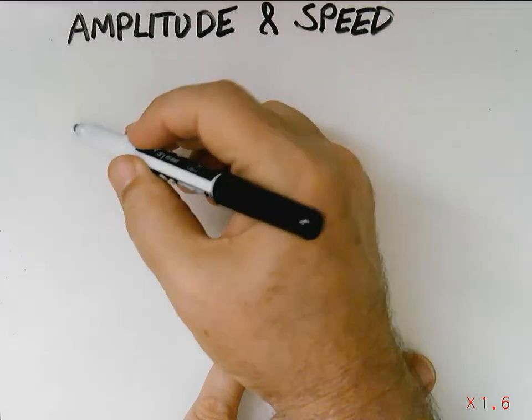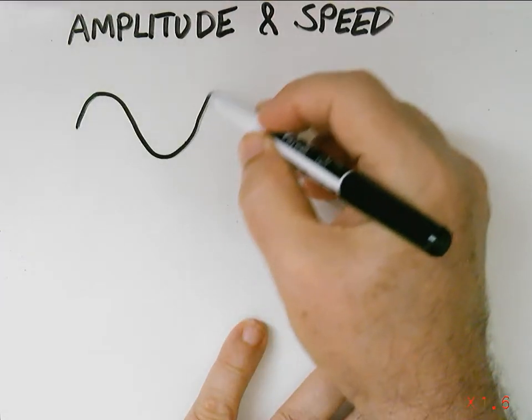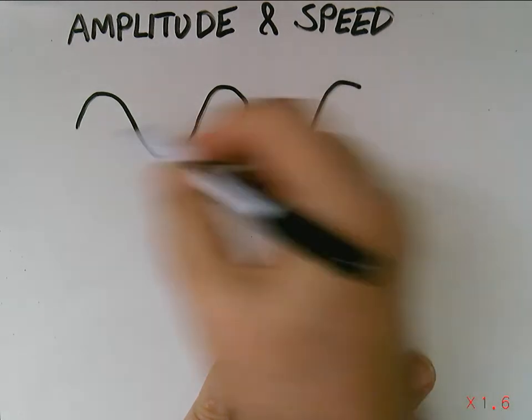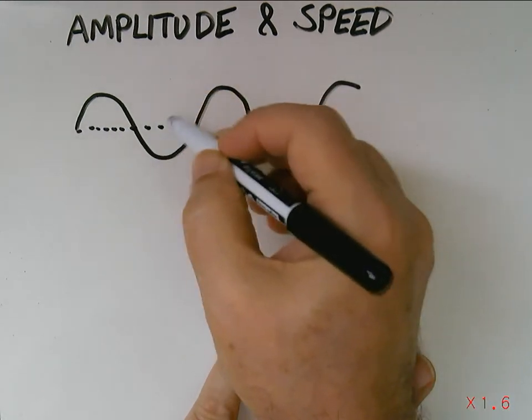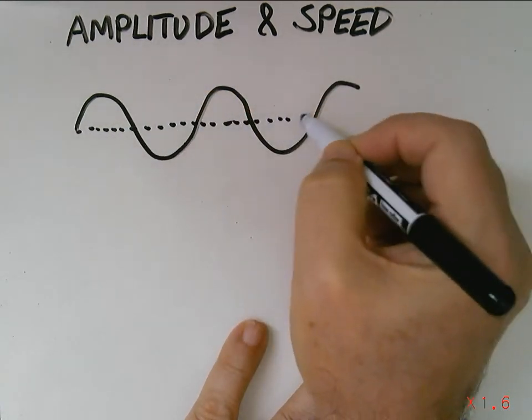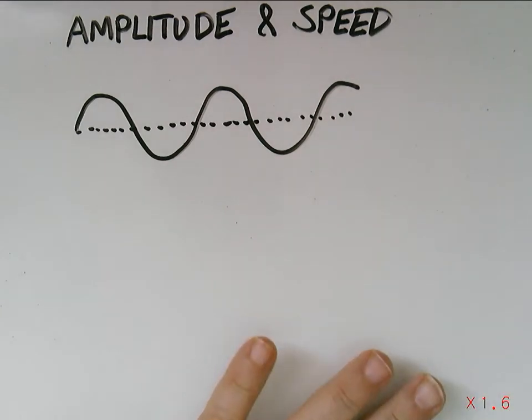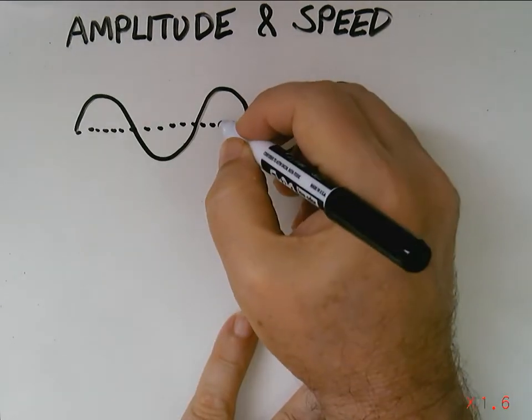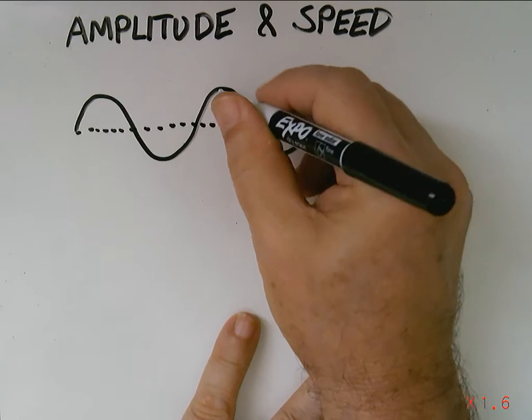Here we've got a wave. Here's where you would be if there was no wave. So if this is a water wave, that would be the water level. The amplitude is the peak height.